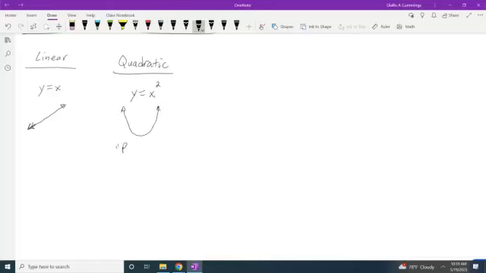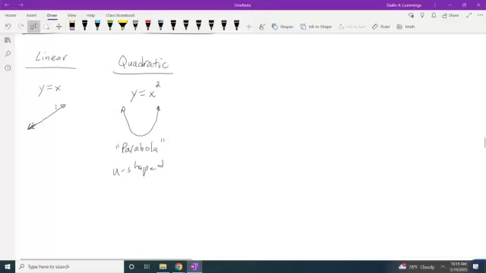And we call this U-shaped graph a parabola. Some of these things have special names and some of them don't. So a parabola is U-shaped. So that means that whenever you see an equation and its largest power is a square, it's going to produce this U shape, always.